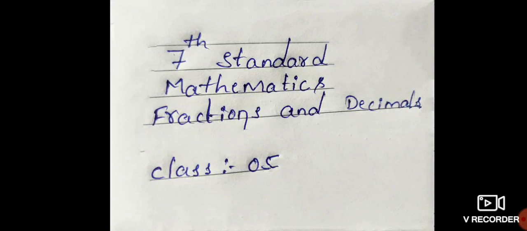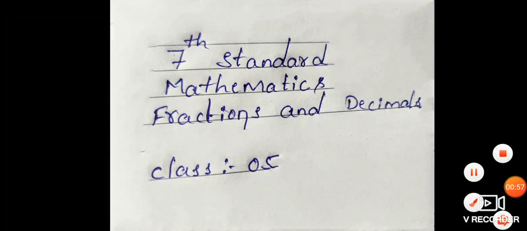Division of fractions means we take the reciprocal of that fraction, and we also learned how to convert an improper fraction into a mixed fraction, and a mixed fraction into an improper fraction. Today we shall move on to the next one, that is decimals.